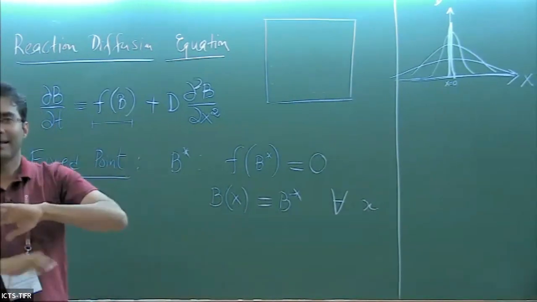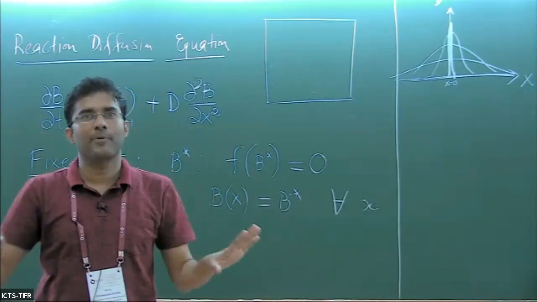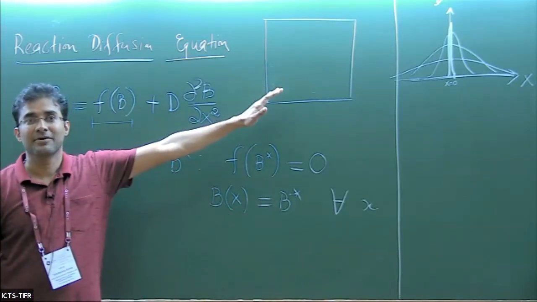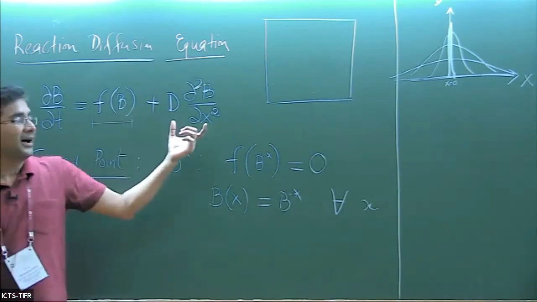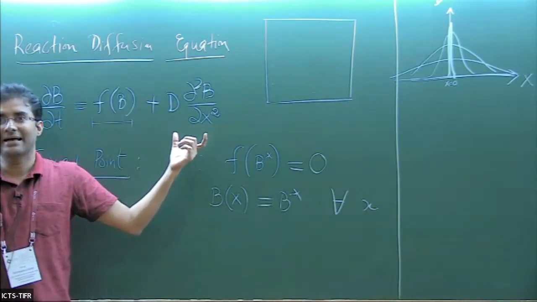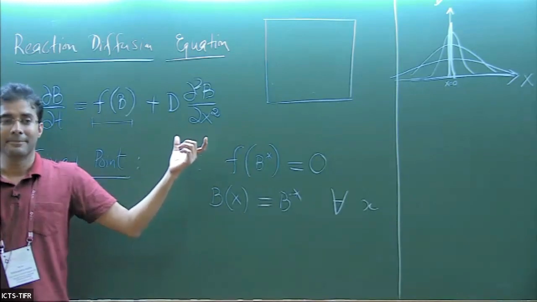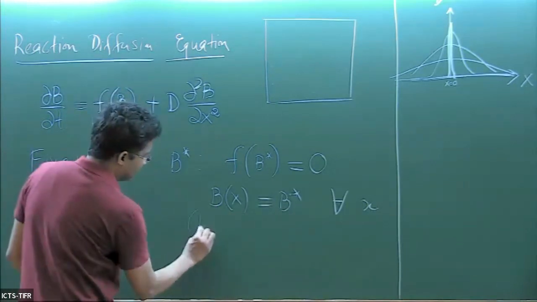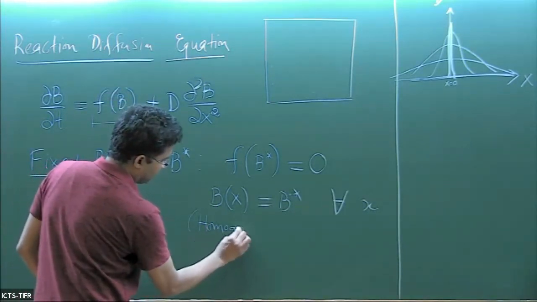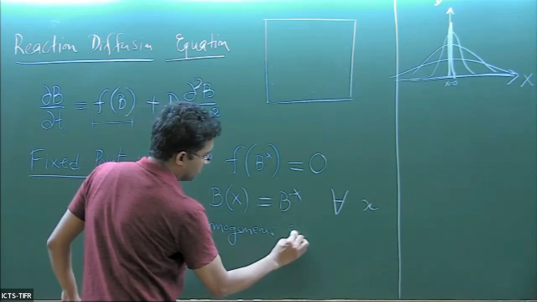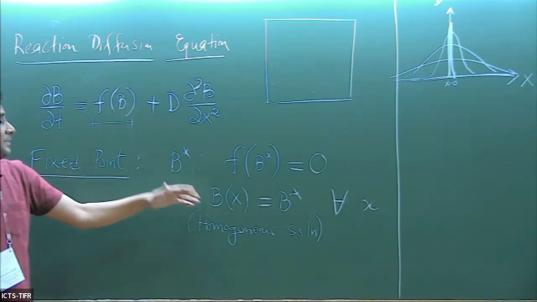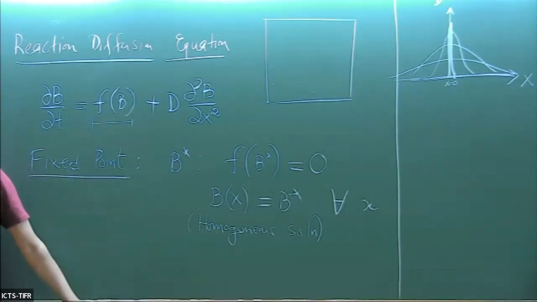If I make the entire landscape sit at the fixed point of the non-spatial model, every place has B star. So at every place f of B is 0. And because every place has the same value of B, the diffusion will also be 0. This is called the homogeneous solution. The homogeneous solution of the mean field model will be a fixed point for the entire spatial model.